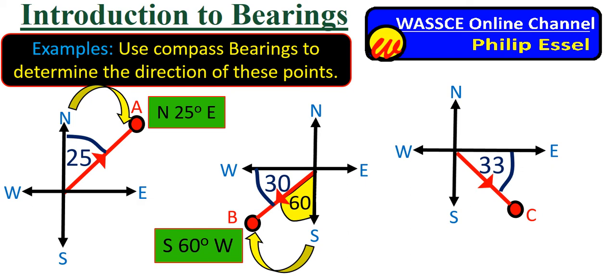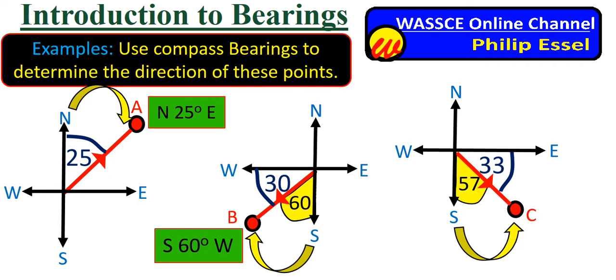So we will need to find the angle between the south pole and the point C. We do this by subtracting the 33 degrees from 90 degrees. That will give us 57 degrees. So now moving from the south pole towards the point C, we would have to move an angle of 57 degrees.